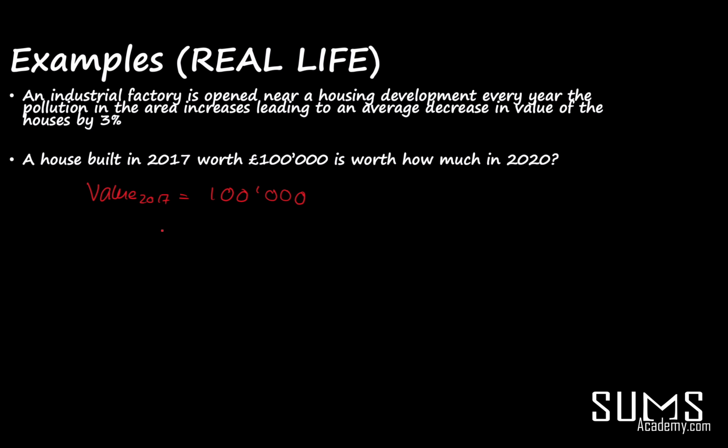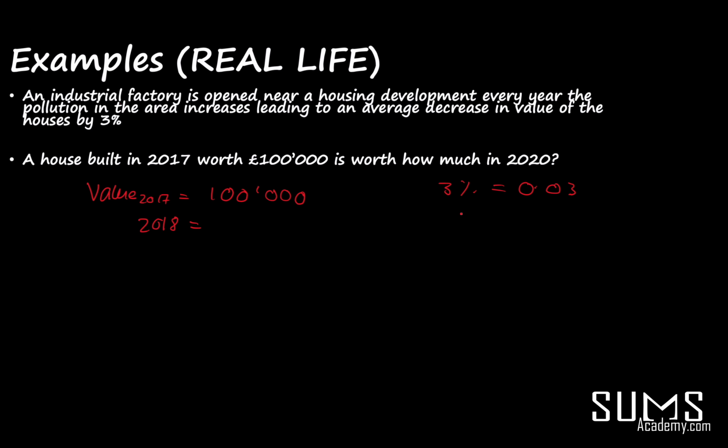Okay, so what will the value be in 2018? Well, it says it's decreased in value by 3%. So what we don't want to do here is take 3%, which is 0.03. Well, that's how much it's decreased by.